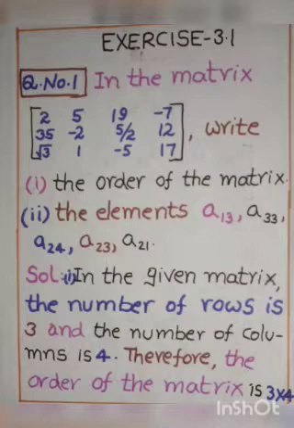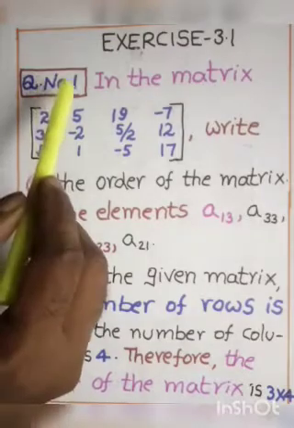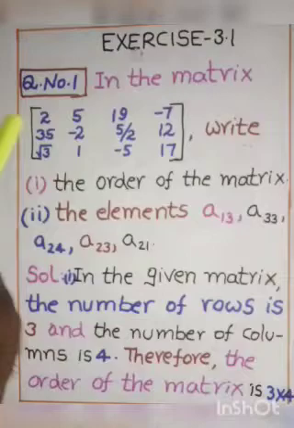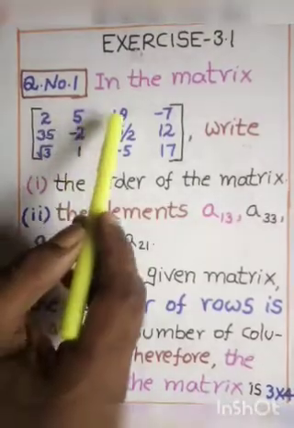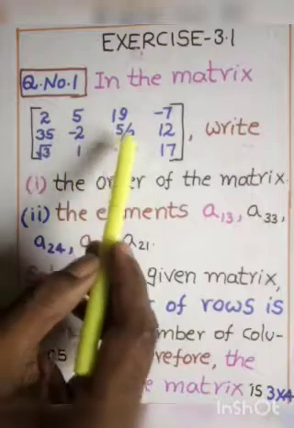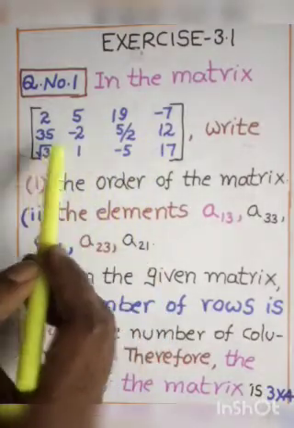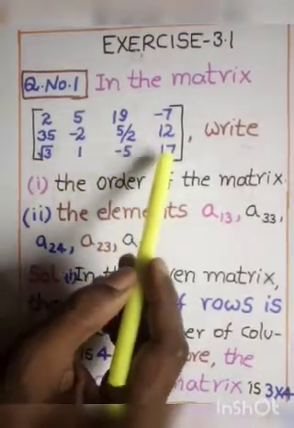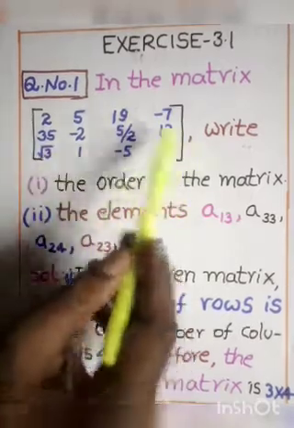Okay, my dear children, now let us start the sums in exercise 3.1. See question number 1, first question. In the matrix 2, 5, 19, minus 7, 35, minus 2, 5 by 2, 12, root 3, 1, minus 5, 17. This is a given matrix.